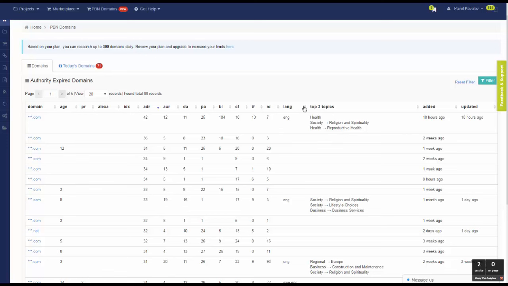Let's say there's this one, 8 years old, 33, 15, 9. I already checked that usually, if it's a good link profile from a yoga site, it goes to society, religion, and spirituality.